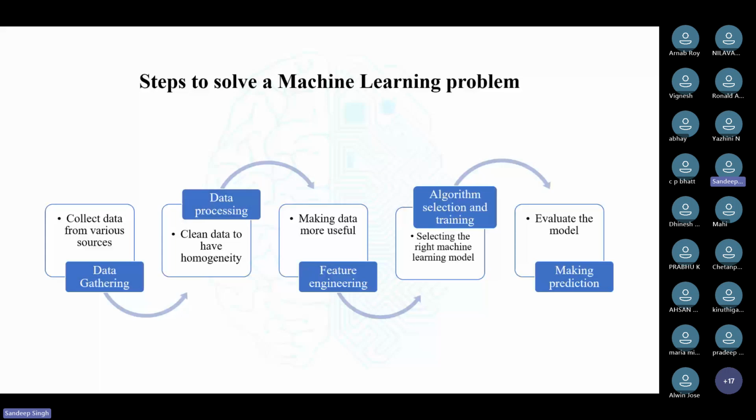The second step is data processing. Data collection is easy, but processing the data is very difficult. You have to see whether the data you have collected has the same dimension or not, and whether there is any missing part, like a missing CT, or missing RT structure set or RT dose in any of the patients. You have to check with programming whether there is any anomaly in the data.